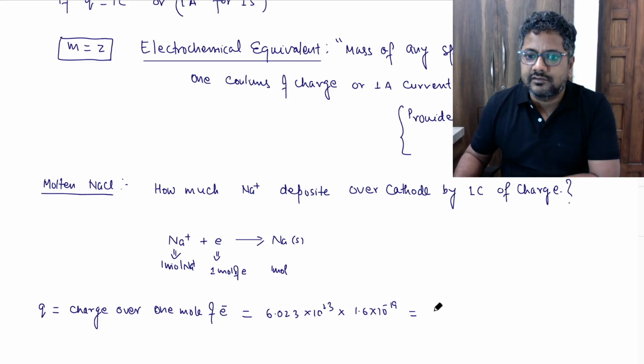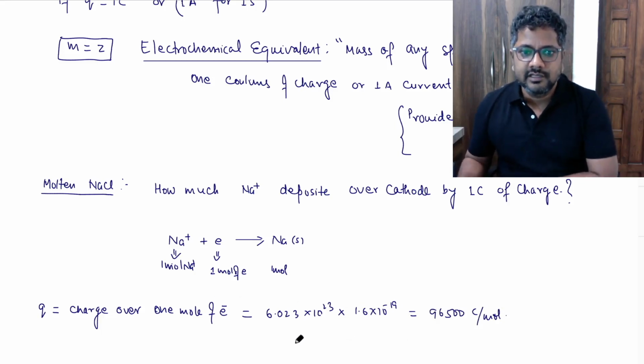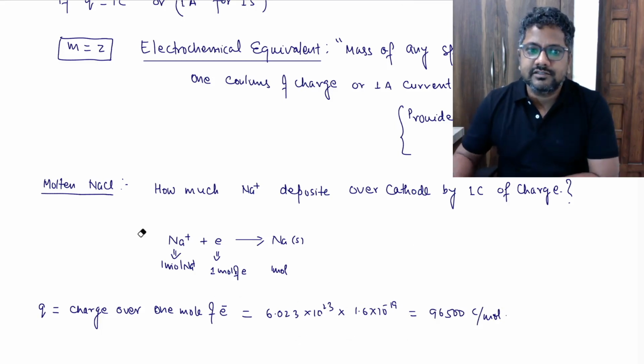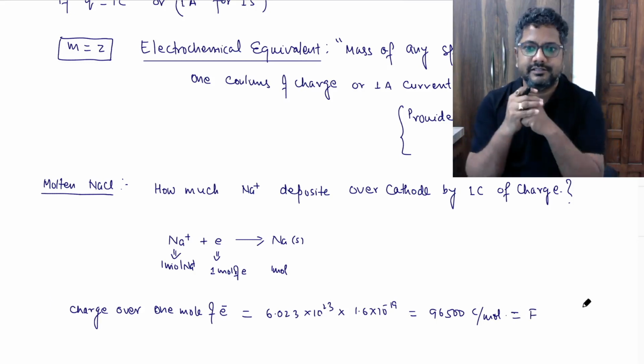So this is equal to 96500 coulombs per mole. Right? This is called Faraday's constant. So you can write this is equal to F.